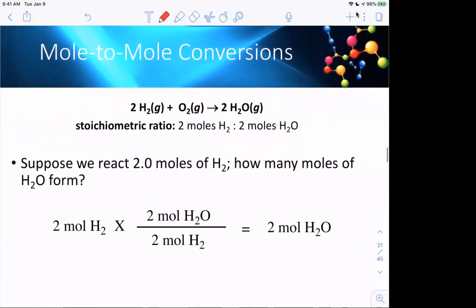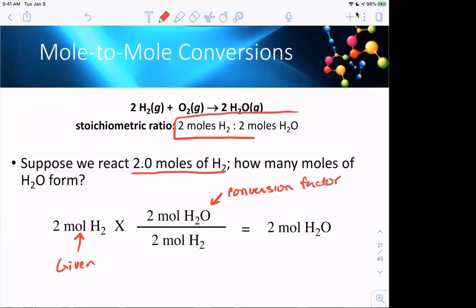So here's a problem. Suppose we react 2 moles of H2. How many moles of H2O are going to form? So this is my given. I have 2 moles. This is my conversion factor, which is based off this equivalency, which is based off the ratio of the coefficients of the balanced chemical equation.